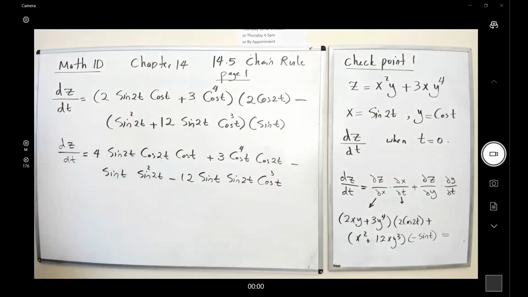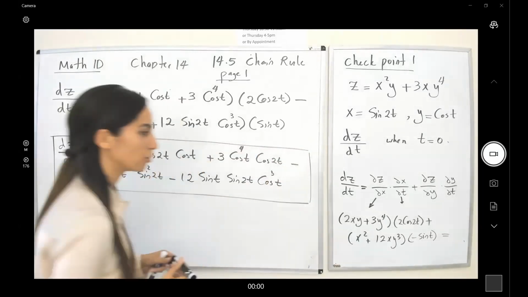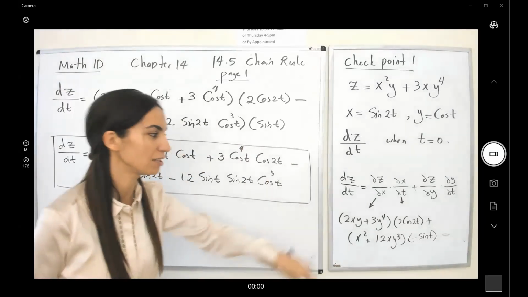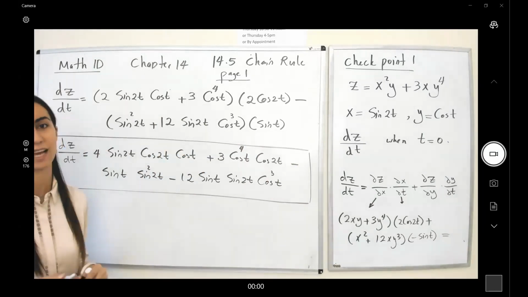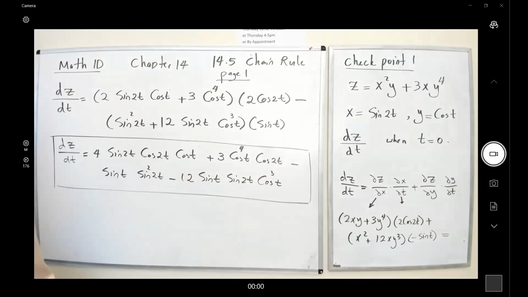Okay, seems like that's it. I'll leave it as it is. This is the derivative of the function with respect to variable t, and it must be written in t. We cannot leave it including x and y because you took the derivative with respect to t.